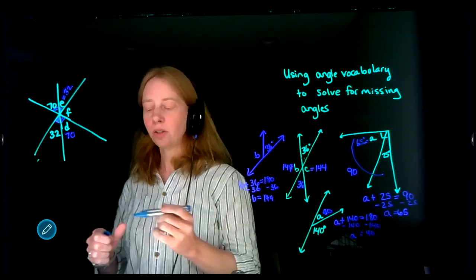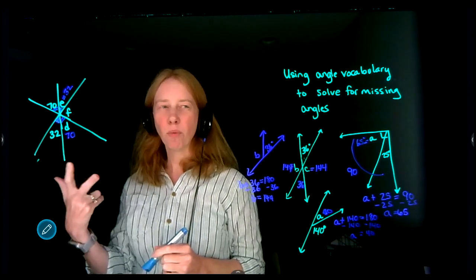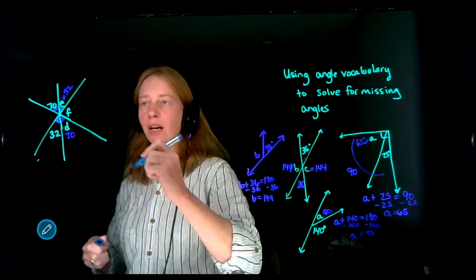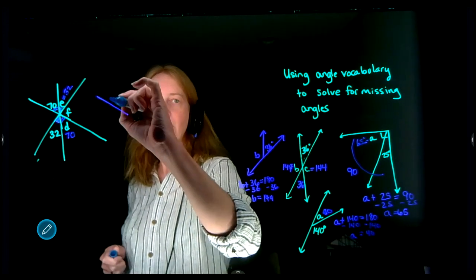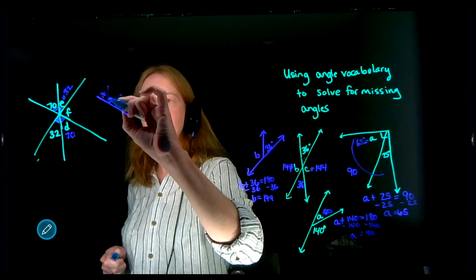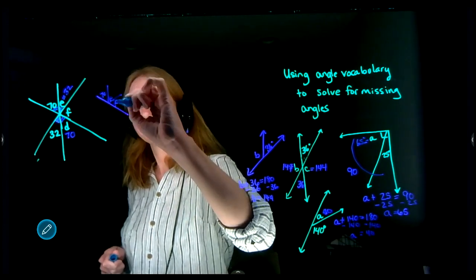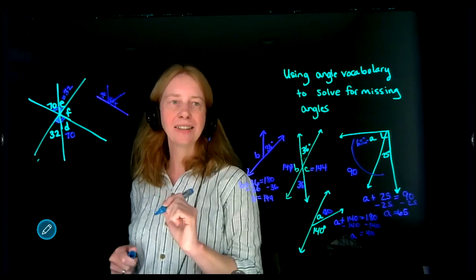And now I can use the principle of a linear pair, even though it's more than two angles. I know that what I have here, 70, E, and F, those add to 180.